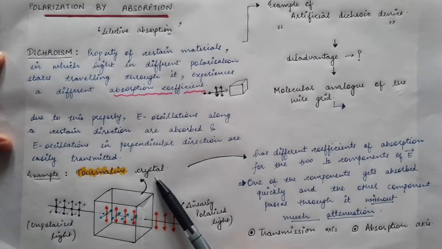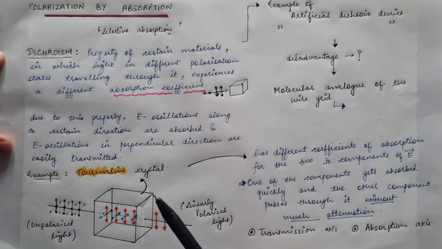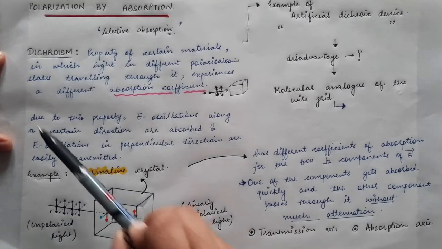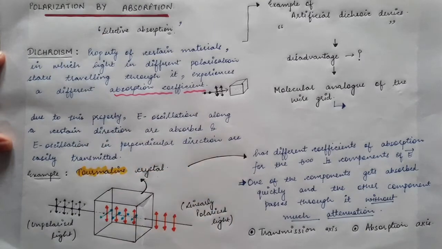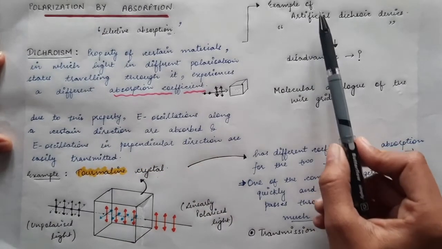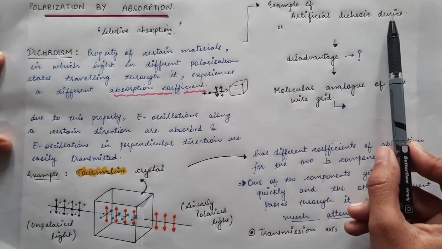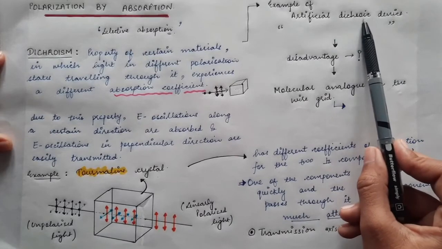Now the tourmaline crystal is a naturally occurring crystal, but in the laboratory also we can use the dichroic property to obtain polarized light. We can construct artificial devices that are based on the dichroic property.